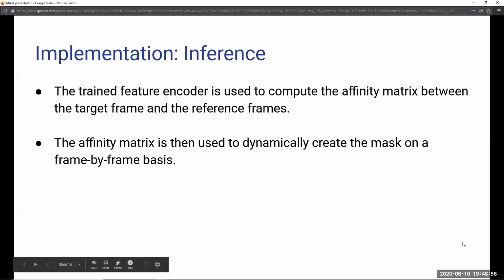On the inference side, the trained feature encoder produces an affinity matrix of the target frame versus the reference frames. And this affinity matrix then creates the mask based on propagating frames. So it's on a frame by frame basis again. And it's important to mention, of course, that it's done in a dynamic way.